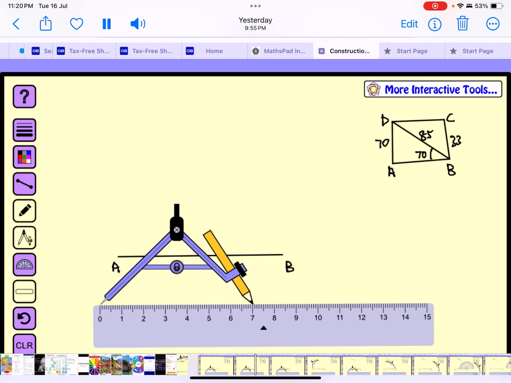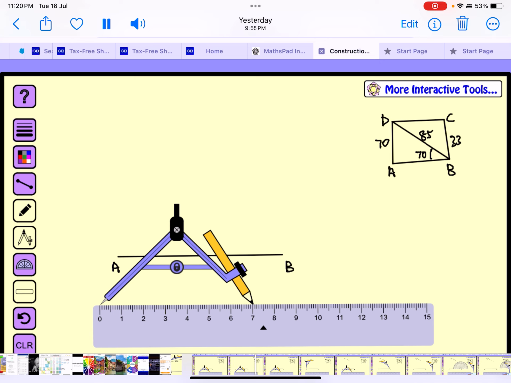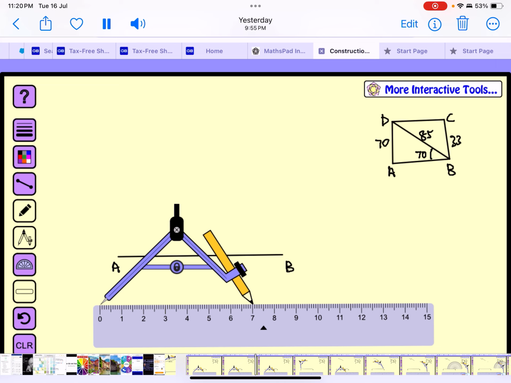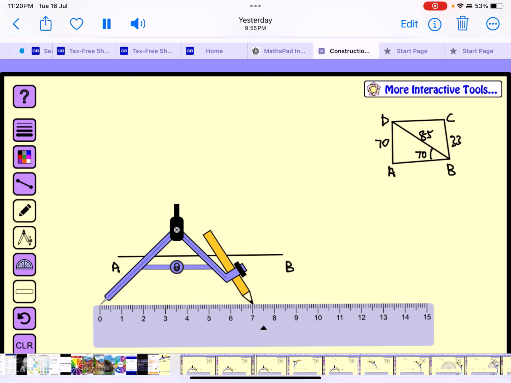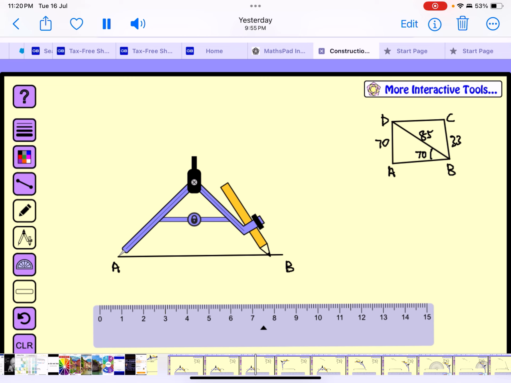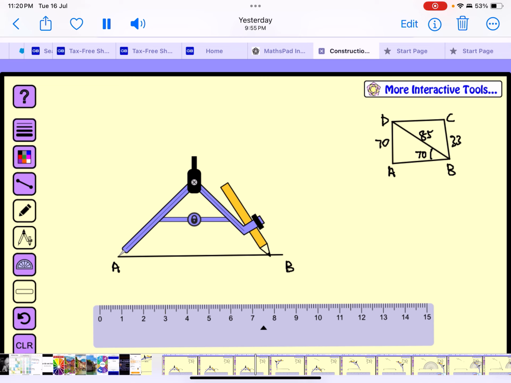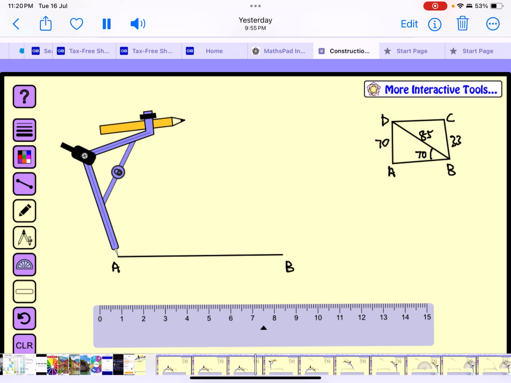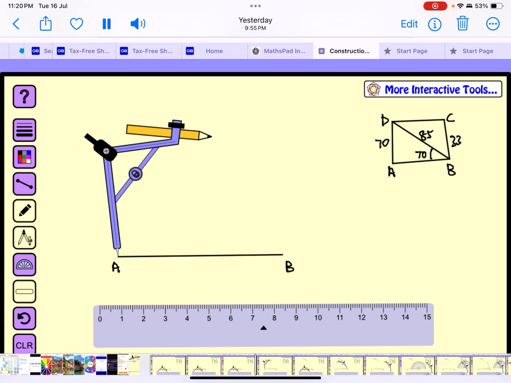The side AD is 70, represented by 7, so we take a measurement of 7 from the ruler and put it at the point A. So we'll draw an arc of 7.